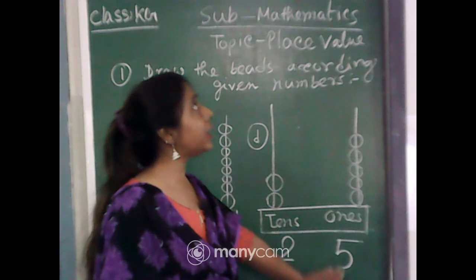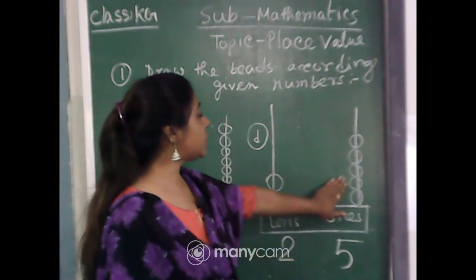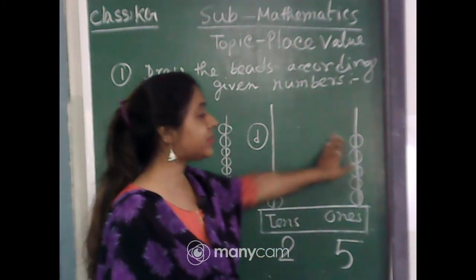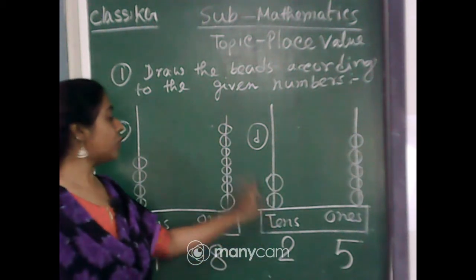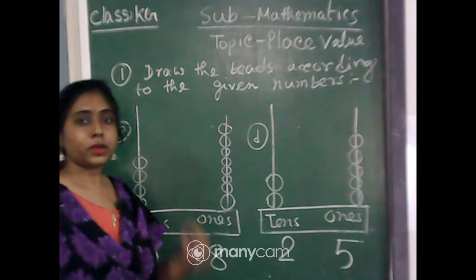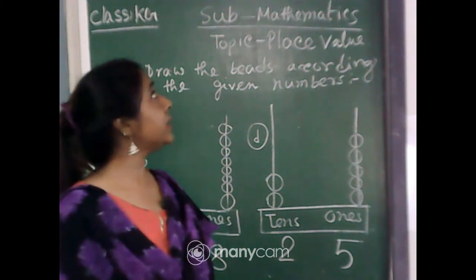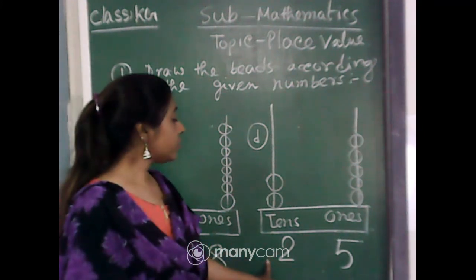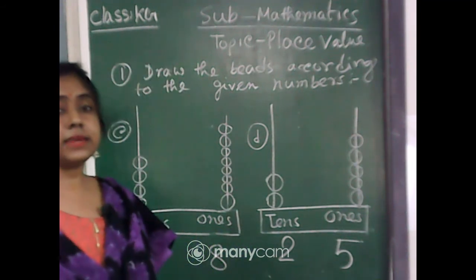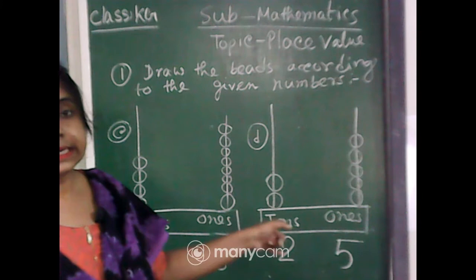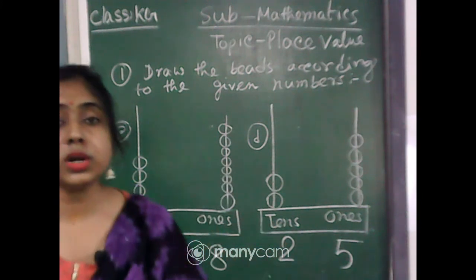In the ones column we have made 1, 2, 3, 4, 5 beads, and in the tens column we have drawn 2 beads. Okay students, that means 25. If you have completed this C and D, shall I rub this board?